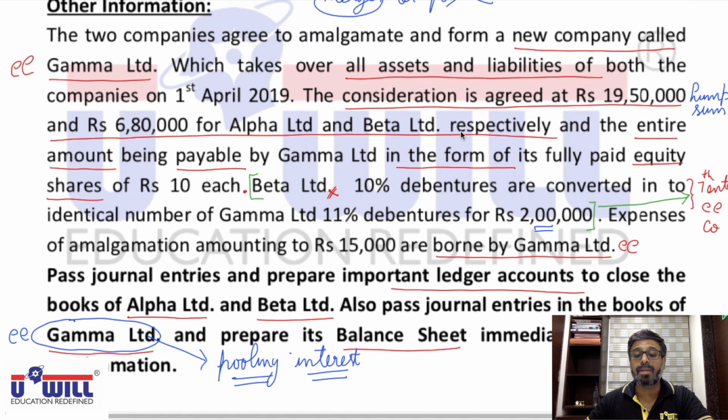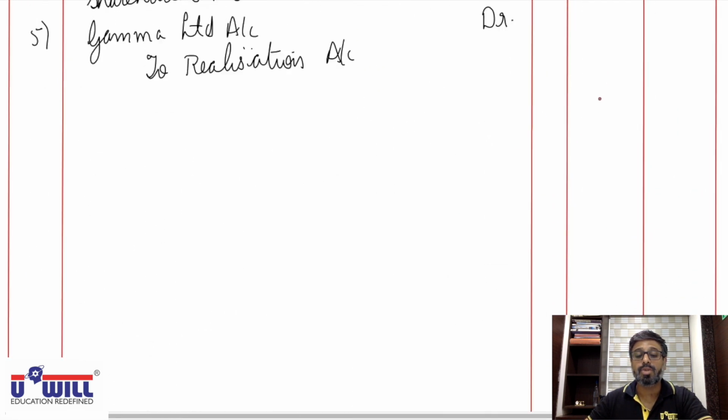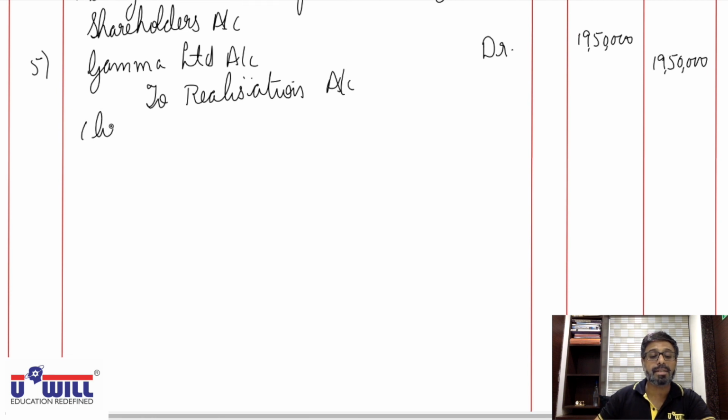So in Alpha Limited, what is the purchase consideration? 19,50,000 is the purchase consideration of Alpha, and 6,80,000 is for Beta. So the amount receivable from Gamma Limited is 19,50,000, Gamma Limited account to realization account 19,50,000, being purchase consideration due.